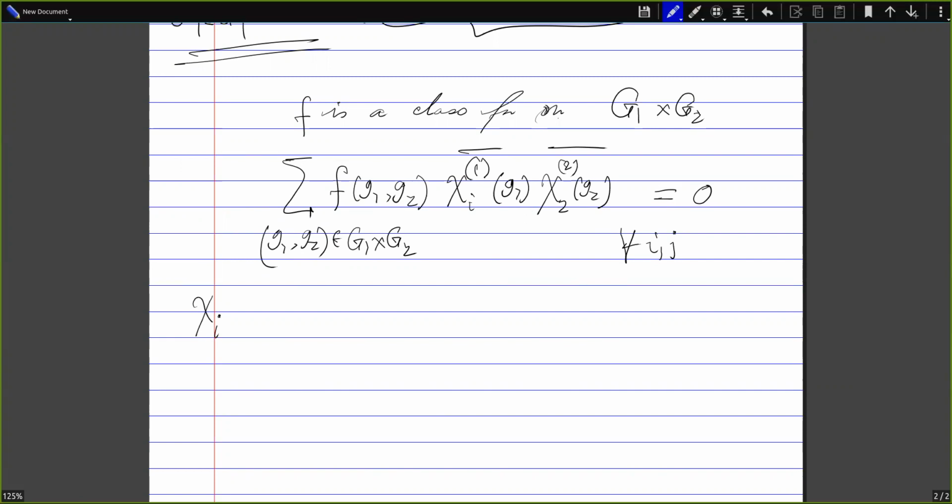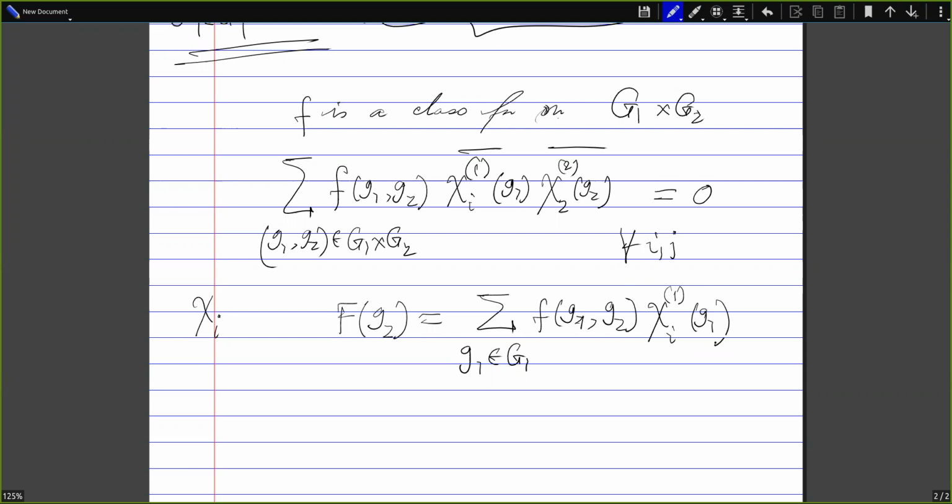Next, since we are fixing an i, we consider the following map. Let's call it f_i(g2), defined as the sum over g1 in G1 of f(g1, g2) times chi_i(g1) conjugate. This is how we define the function. It's a function on the group G2.